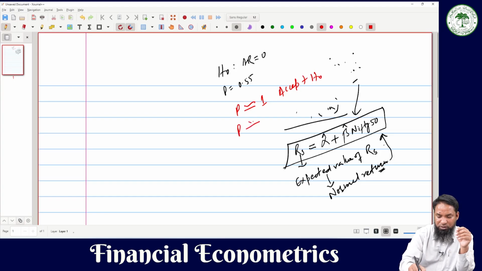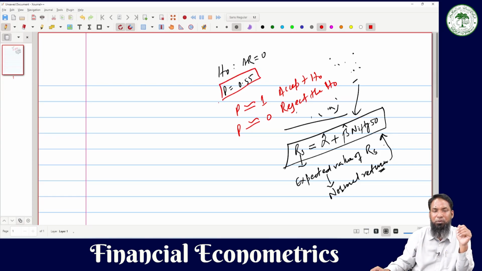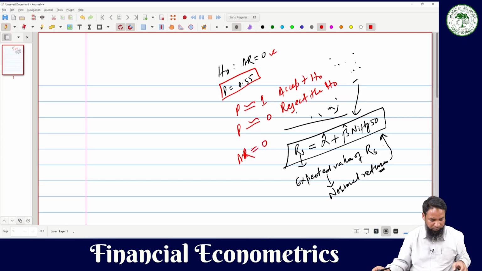If the P value is closer to 0, that means reject the null. And here obviously the P value is closer to 1. That means we are accepting the null. Accepting the null means the abnormal return statistically is equal to 0.